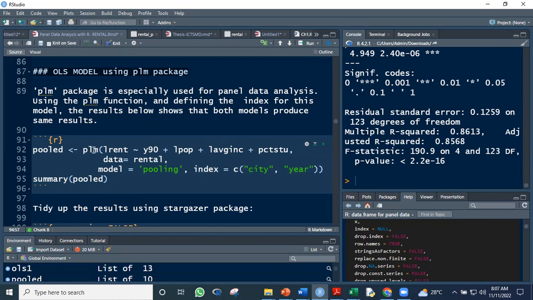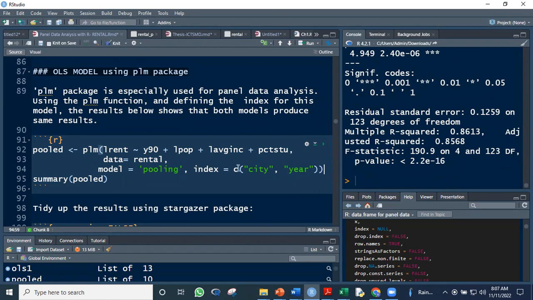So if you're using plm, either you use a data that's already treated as a panel, or you can use data that's not a panel but you identify the index.